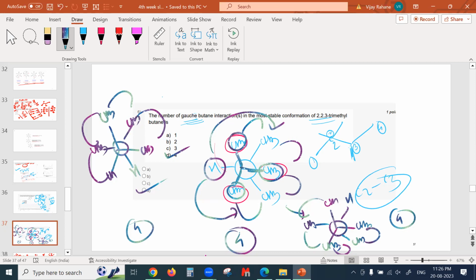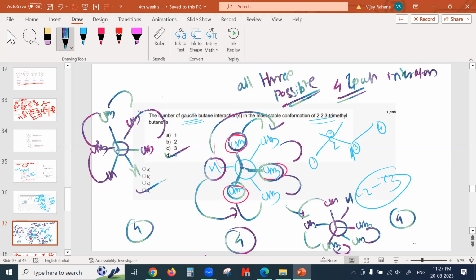So these are the 3 structures possible, and all 3 structures have 4 gauche interactions. All structures are almost identical because the front carbon atom is the same, a carbon atom which has 3 equal groups.